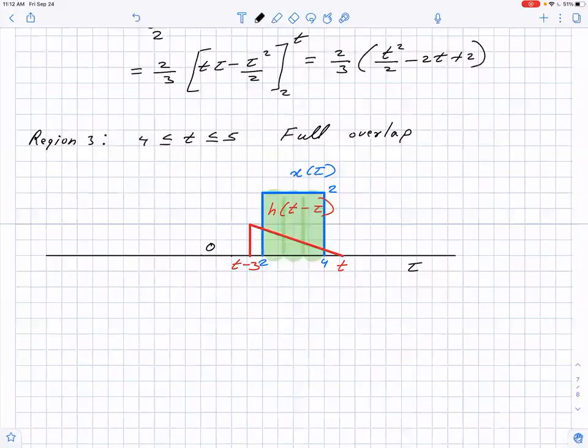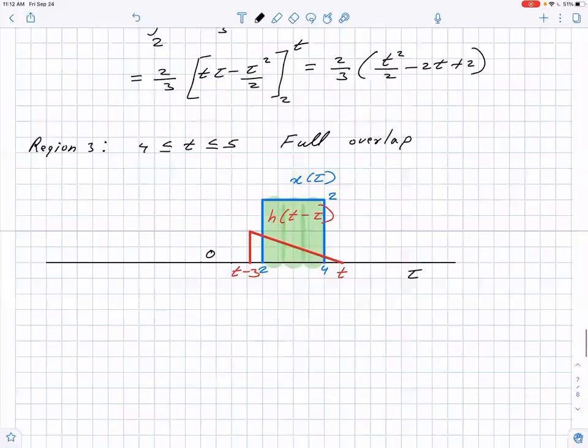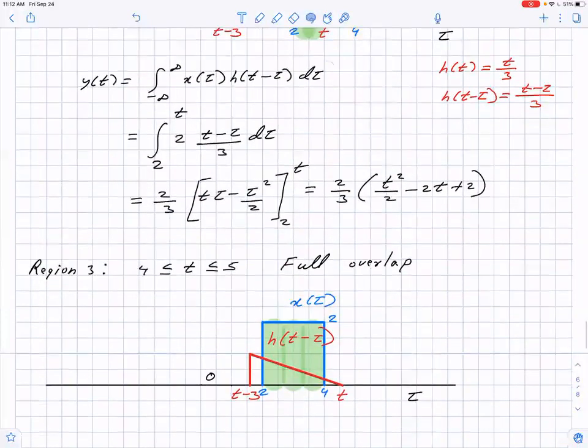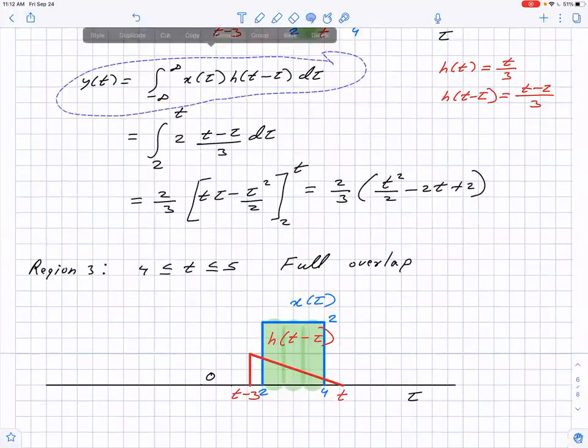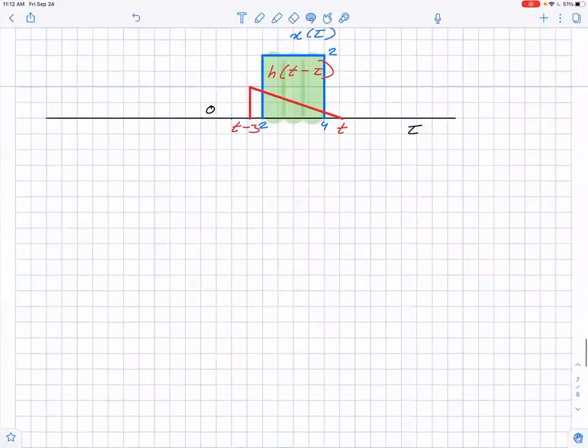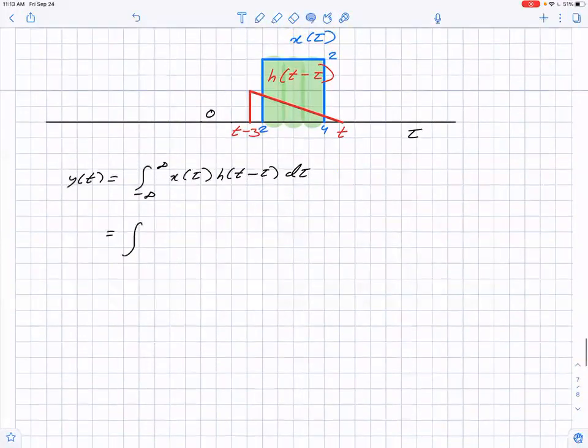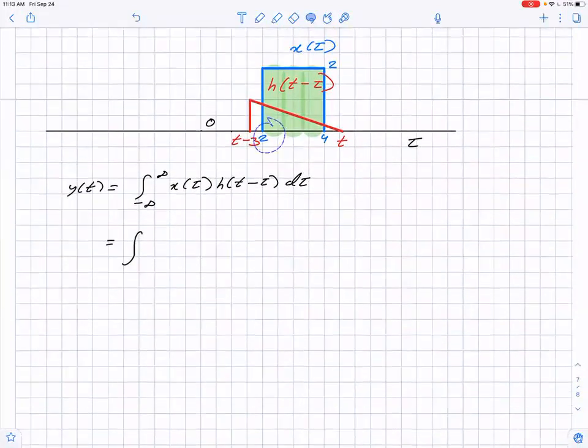The shaded green region is when the product between the red and the blue functions is non-zero. Now let's consider the convolution integral. The lower limit of the integral is when the green section begins, and that is 2, and the green section ends at 4. That is our upper limit.